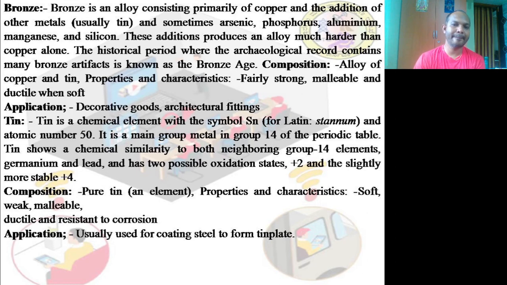Pure tin is soft, weak, malleable and highly ductile. Whenever I say it is soft, it will be ductile and resistant to corrosion. Usually, it is used as a coating on steels to form tin plates.